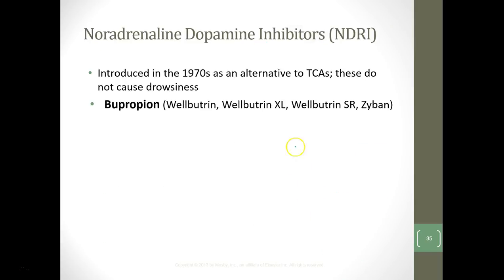The next group are the norepinephrine dopamine reuptake inhibitors, known as NDRIs. So this class was introduced in the 1970s, again as an alternative to the TCAs. Now, the benefit is these do not cause drowsiness. There's only one drug that we're going to talk about in this group, and it's bupropion.